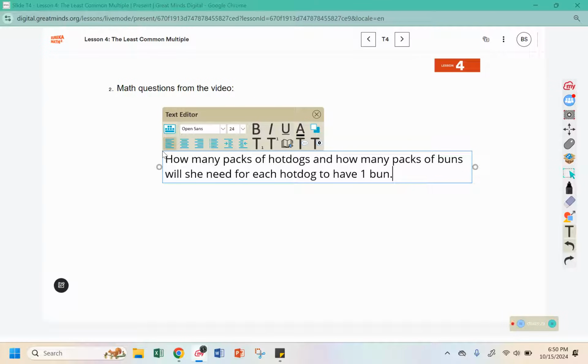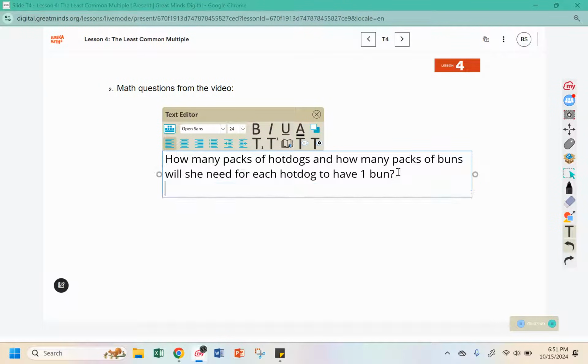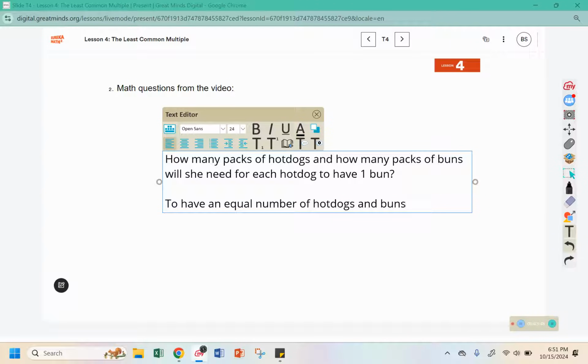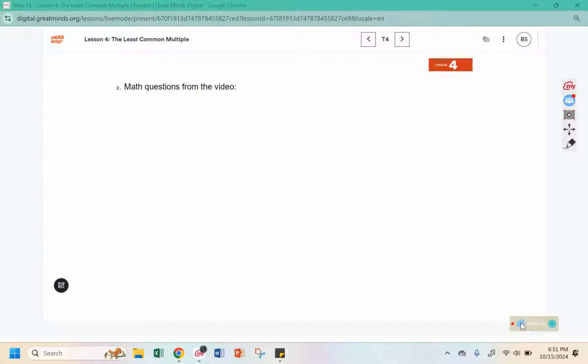How much will she need for each of them to get paired up with a bun? Or you can think of it as how many will she need to have an equal number of hot dogs and buns. And now we're going to work to answer that question.